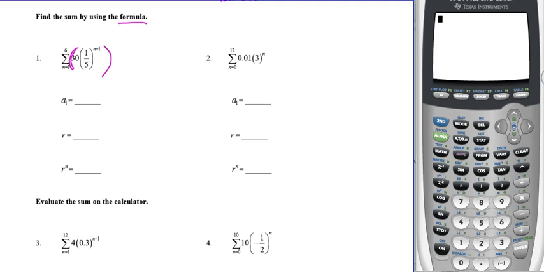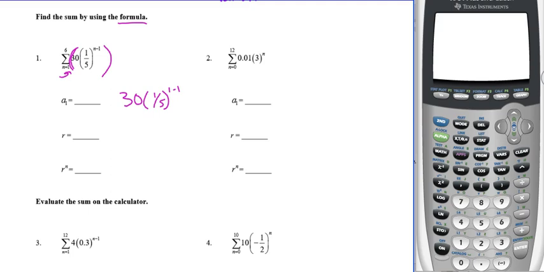A1, so it says here that I'm starting at 1, right? So when I plug that in to this rule, I type in 1 minus 1. That will give me my first term that I'm going to start with, right? So it's not always A1 as in the very first thing ever in this sequence, but it's the starting point that it tells you to use.